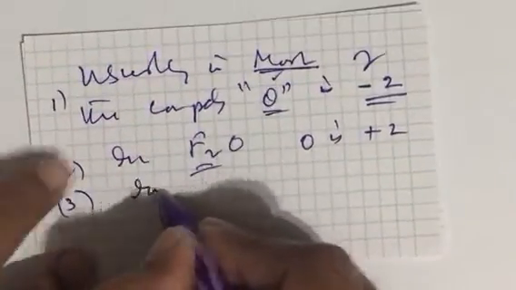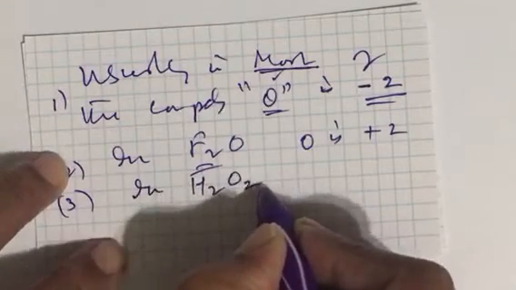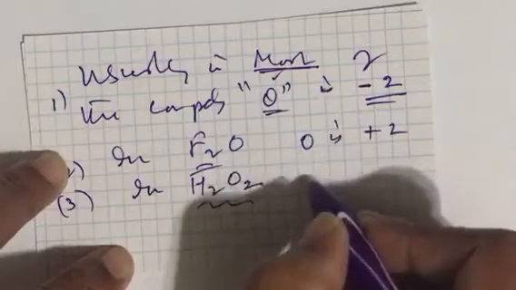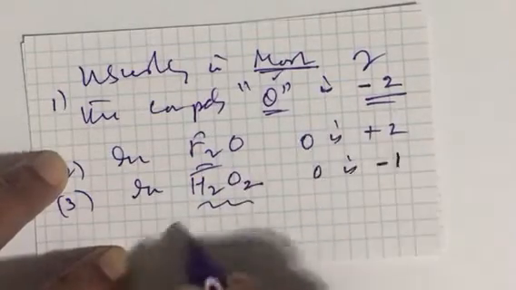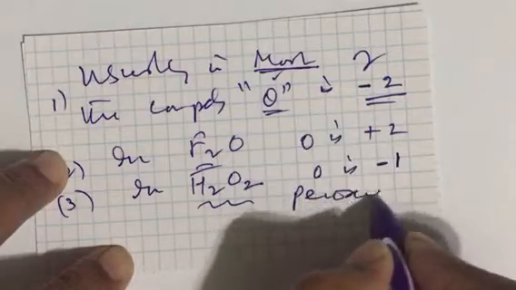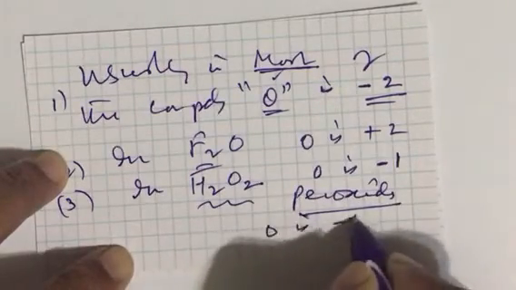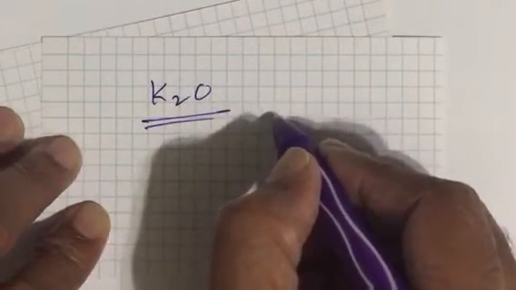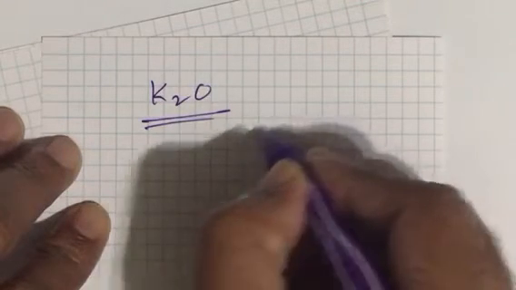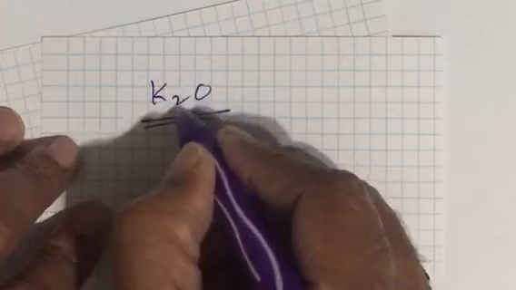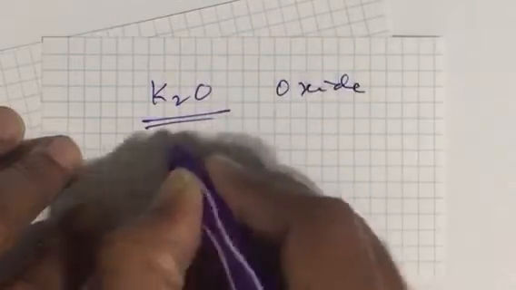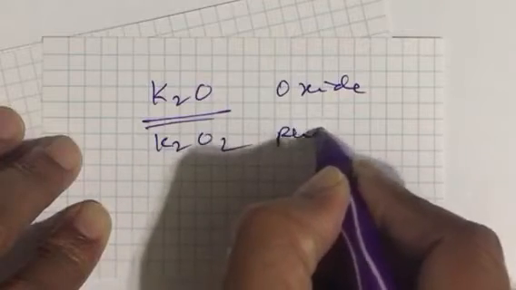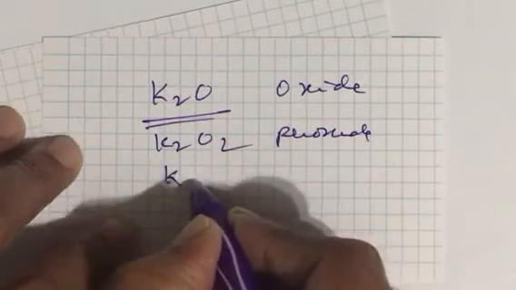Thirdly, in some compounds, which we see later on how it can be worked out, in H2O2, oxygen is -1 only, that is in peroxides. There are some compounds called superoxides. This is ordinary oxide, this is peroxide, it is superoxide.